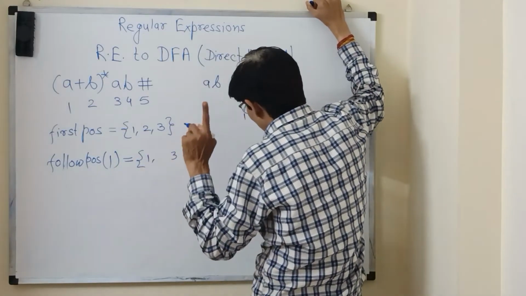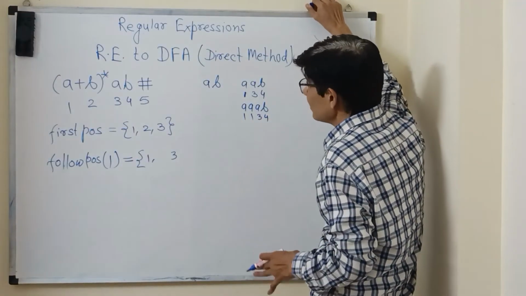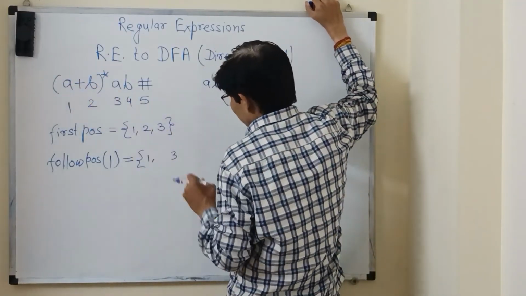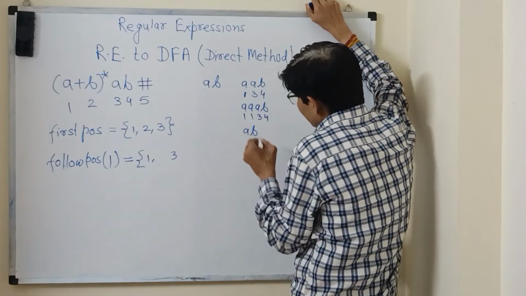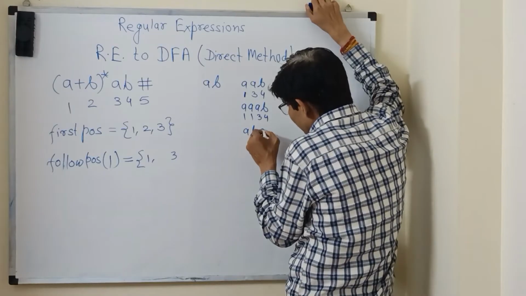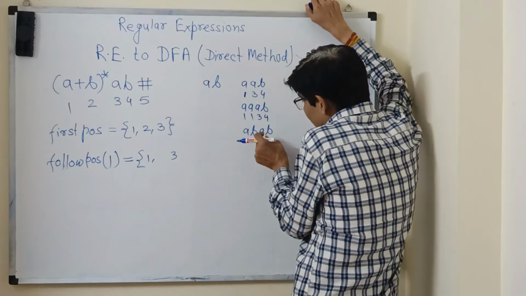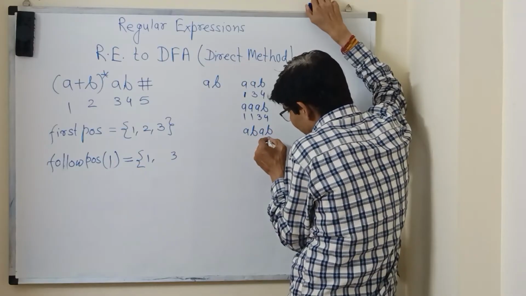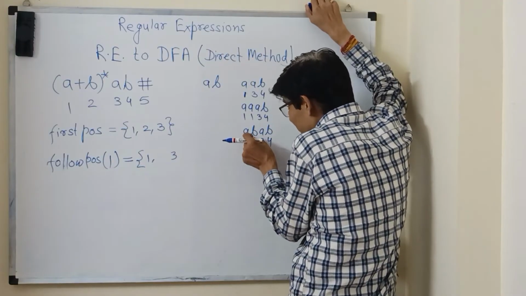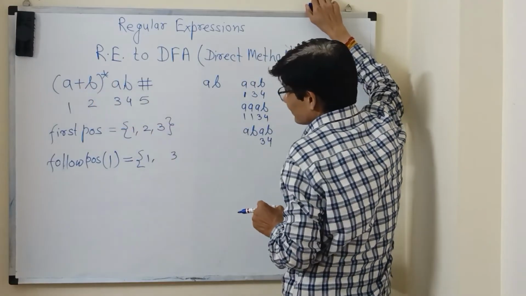Now, my friends, I can take one more example from this Kleene closure. If we create AB, then this would be AB, then this is the compulsory string, which is 3 and 4. Now this AB is coming from this Kleene closure.